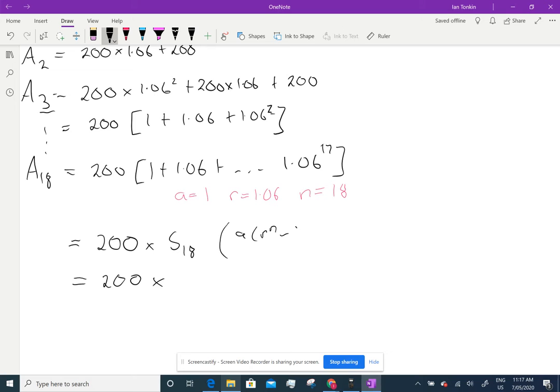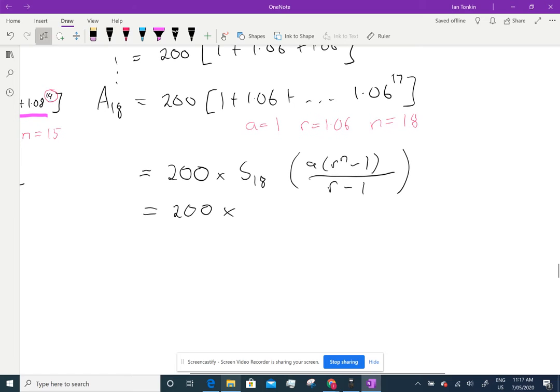R to the N minus 1 over R minus 1. So it's 1.06 to the 18 minus 1 over 1.06 minus 1.